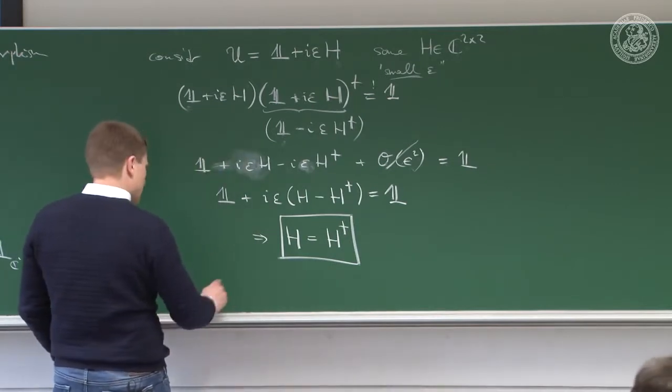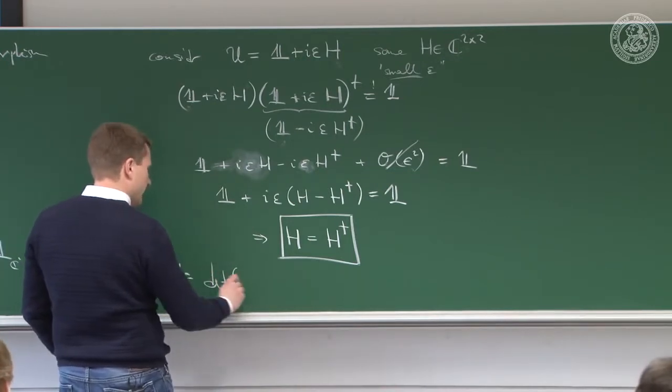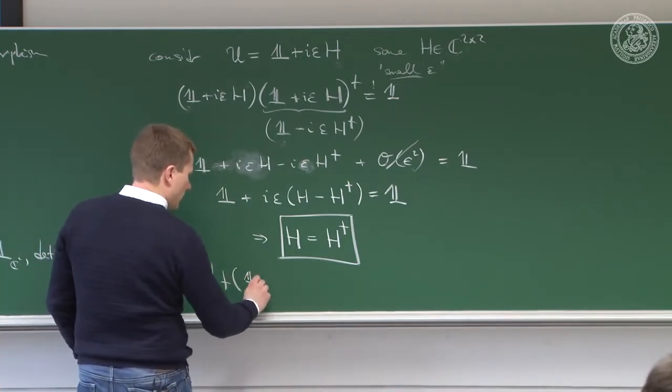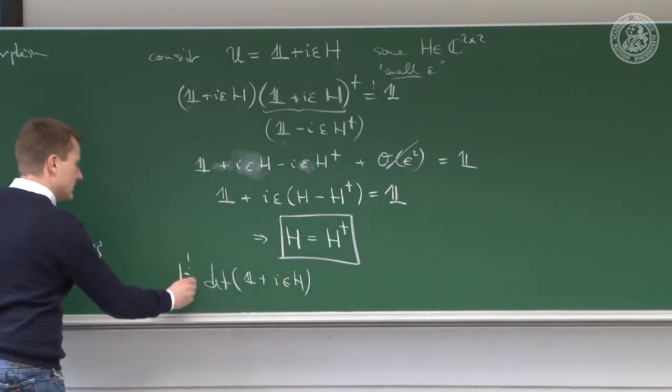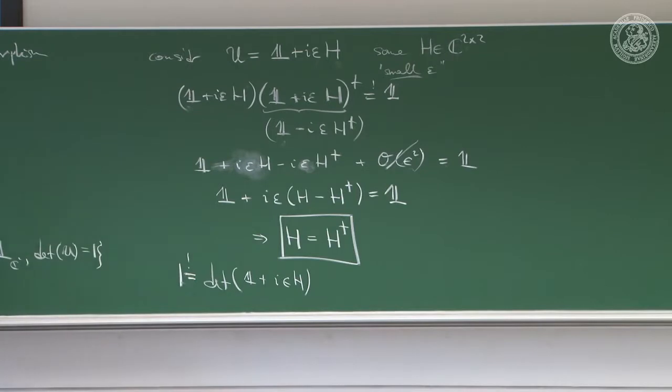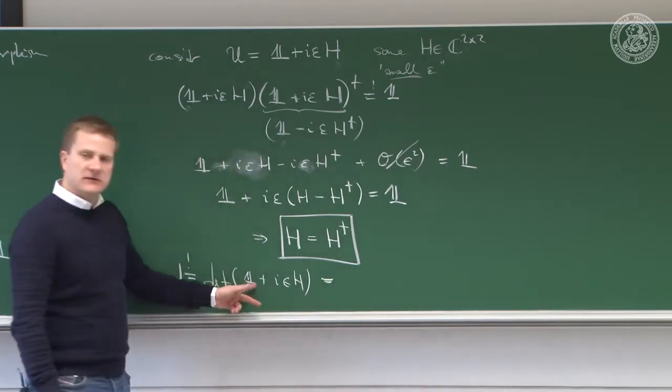And the second condition is that the determinant of U, which is now 1 plus iεh, be 1, that's the S in SU(2). But then there's the determinant formula for the expansion of a determinant.